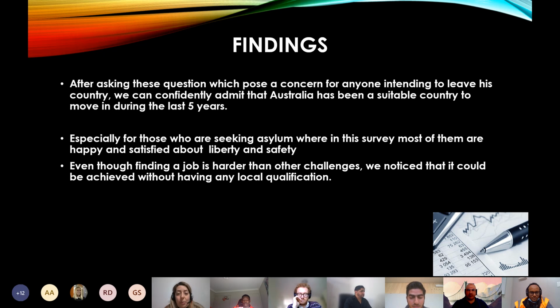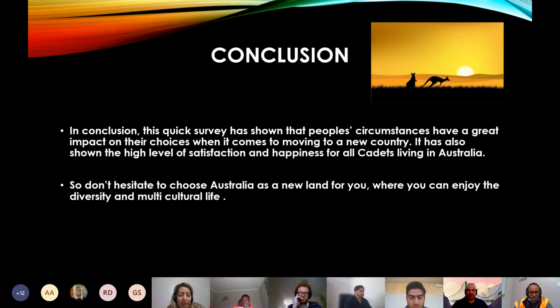Even though finding a job is harder than other challenges, we noticed that it could be achieved without having any local qualifications. So in conclusion, this quick survey has shown that people's circumstances have a great impact on their choices when it comes to moving to a new country.